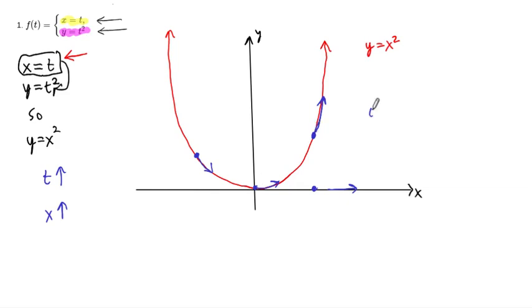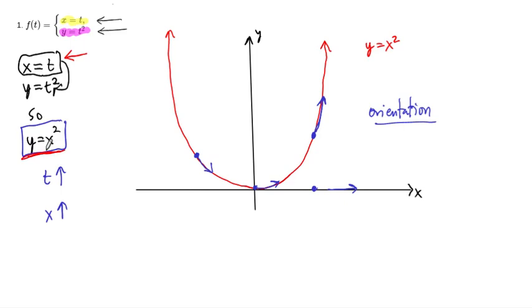And that's called the orientation of this curve, in this case a parabola, but of this parametric curve. That's extra information that we didn't get from just writing y equals x squared. If you just write y equals x squared, you have no idea which way a point is moving along the curve. You just know that the curve exists.